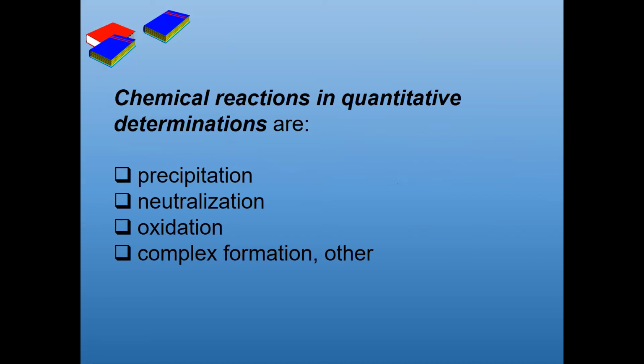Chemical reactions in quantitative determinations are precipitation, neutralization, oxidation, complex formation, and others.